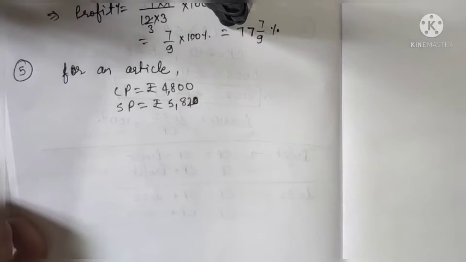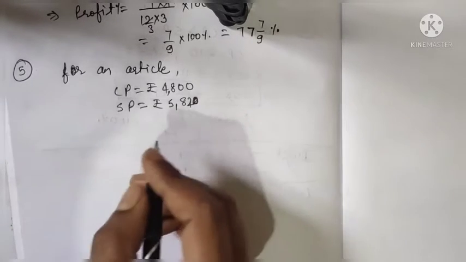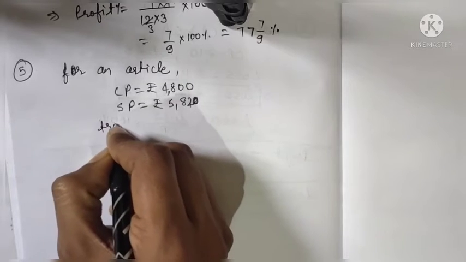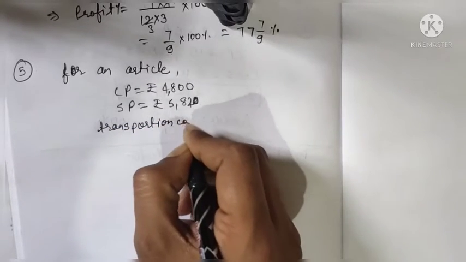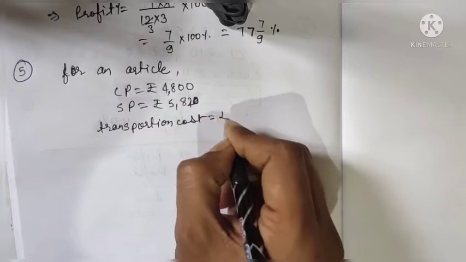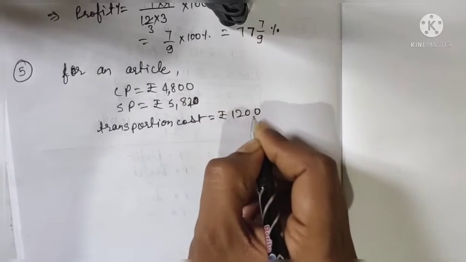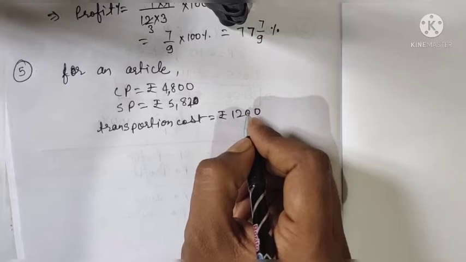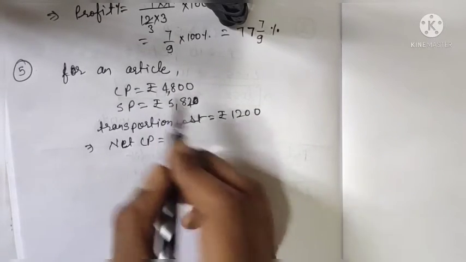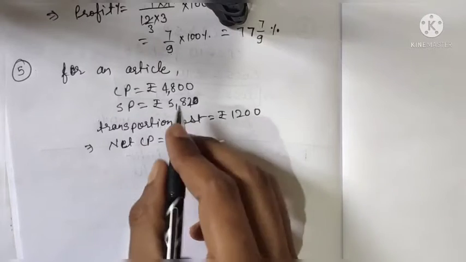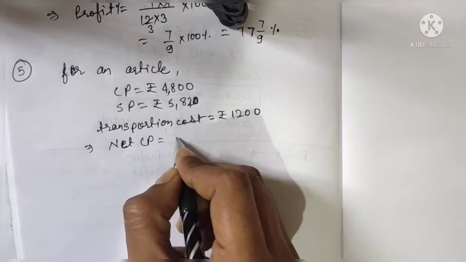Now it is given that rupees 1,200 is spent on its transportation, so transportation cost is equal to rupees 1,200. That implies net CP will be equal to CP plus transportation cost, because this is how much we have spent.